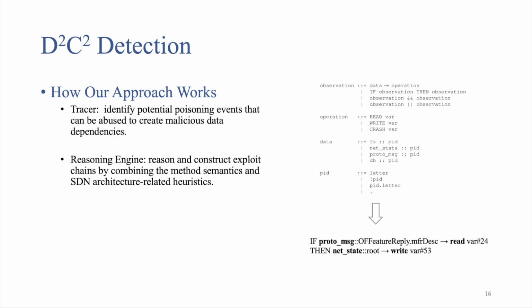To describe these events, we design a simple but effective declarative language, which is called event reasoning language. The picture on the right is the grammar of the language, and the sentence on the right is from one of our running examples.